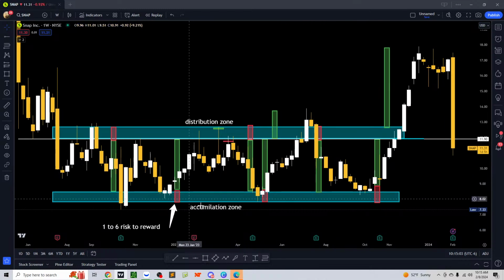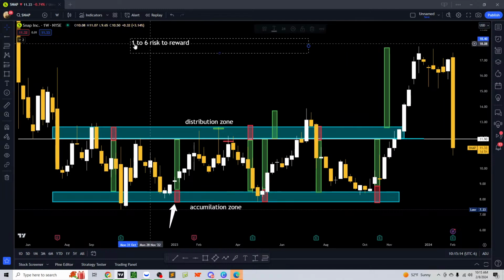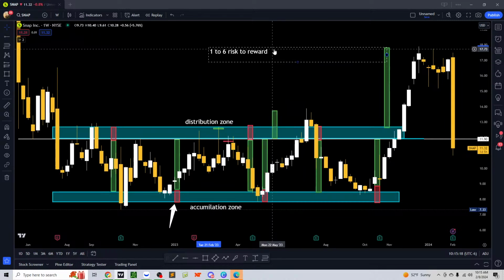And we have 0 in this specific model. We have 0 stop losses hit. So it's a combination. What's beautiful about these trades and what we really like about accumulation risk is a 1-to-6 risk reward.